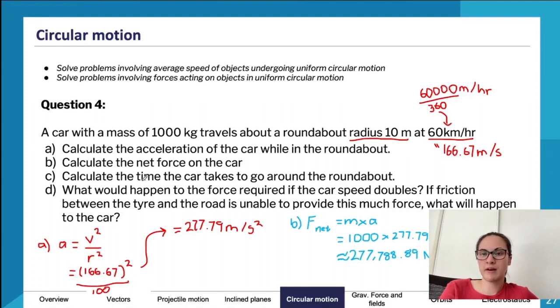Yeah, because if you think about it, 60 goes to 60,000 because you have to multiply 60 by 1,000 to get from kilometers to meters. And then to go from hours to minutes, you divide by 60, but then you divide it by 60 again.